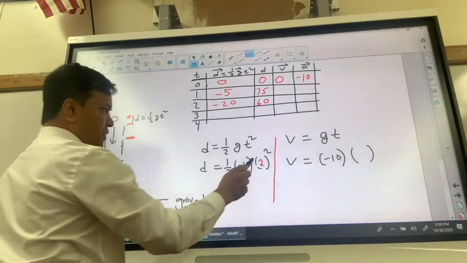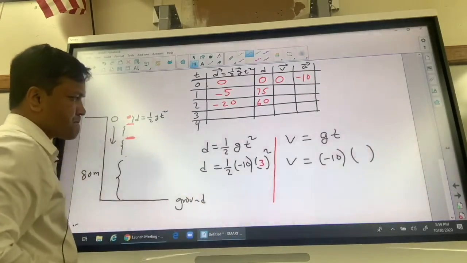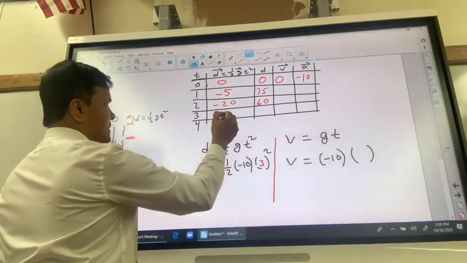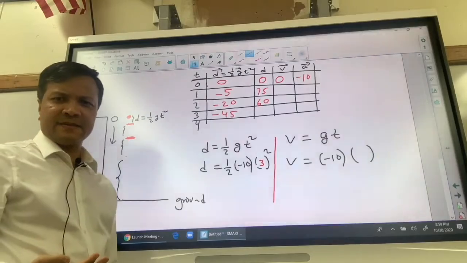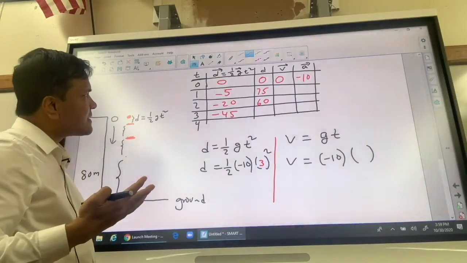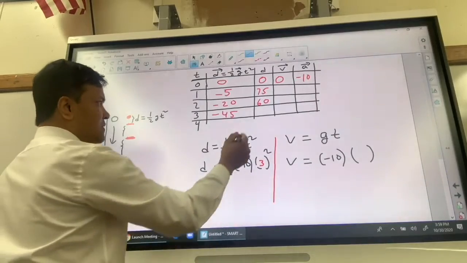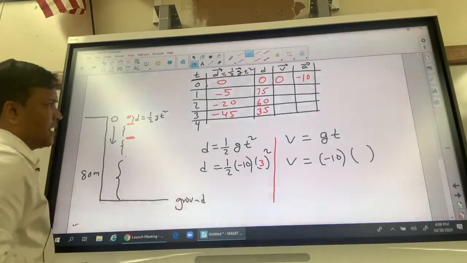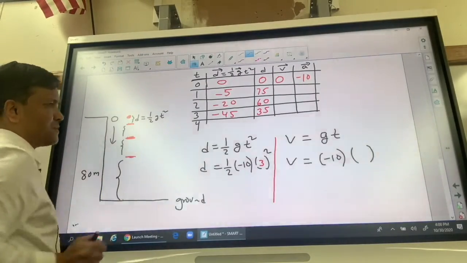Okay, now we put 3 over here. Let's see what happened. Negative 45. So the ball is 35 meters above the ground.